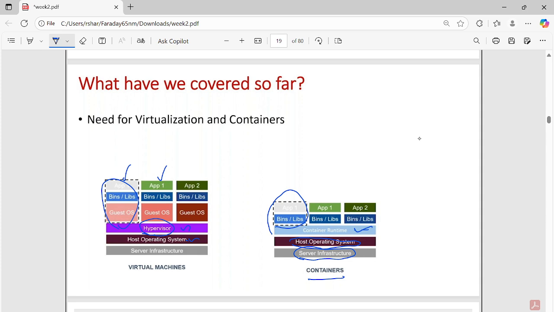But containers have their own problems, like we cannot create a strict separation, and there is no guarantee that one container might not be able to access the resources of the other container.